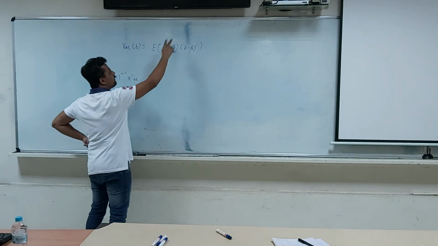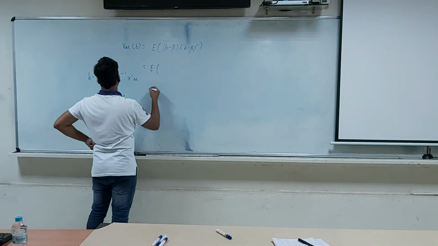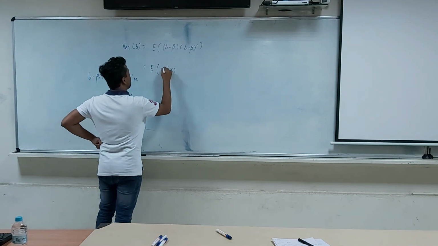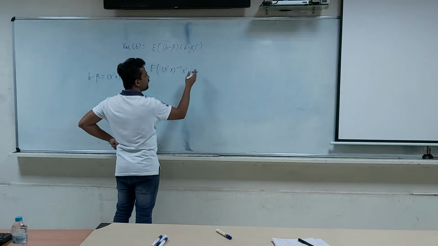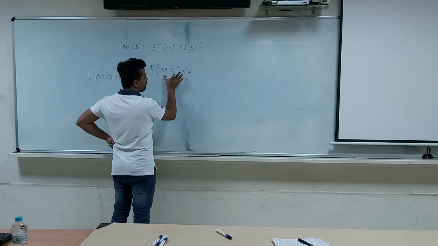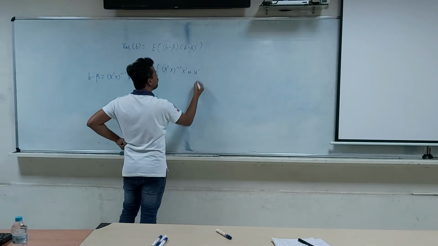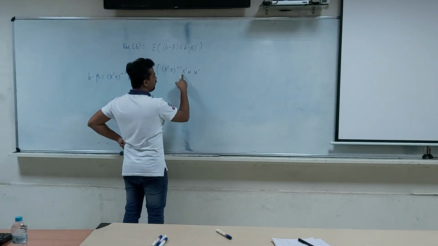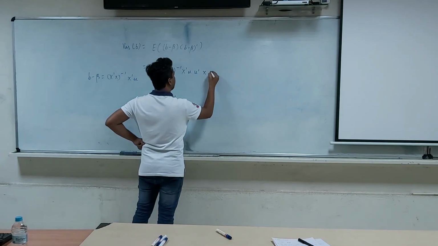So B minus beta multiplied by B minus beta transpose can be written as x transpose x inverse x transpose mu, and the transpose of all of this. Since this is a product, the transpose reverses the order. So the transpose of mu will be mu transpose. It will become x, and the inverse will remain like that.